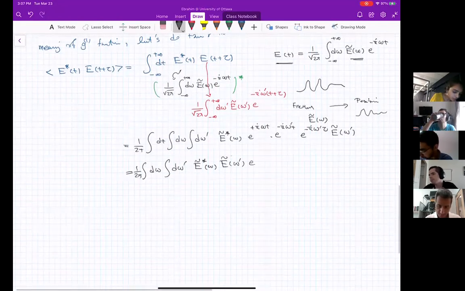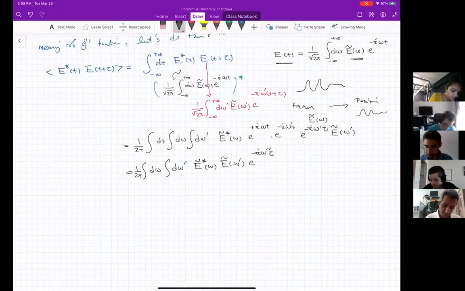I have e power of minus i omega prime tau. And then I have the integral of dt, e power of i (omega minus omega prime) t. I think that's all. Good.